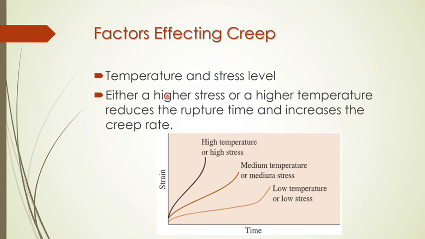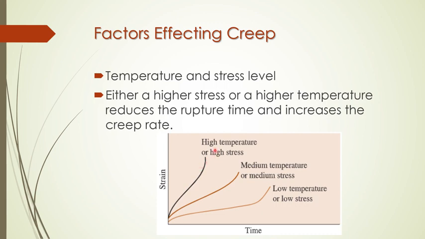Both temperature and stress level, or magnitude of stress, will influence the creep characteristic, or the shape of this creep strain versus time graph. Both higher stress and higher temperature will reduce the rupture time.